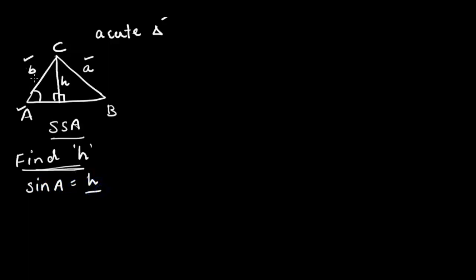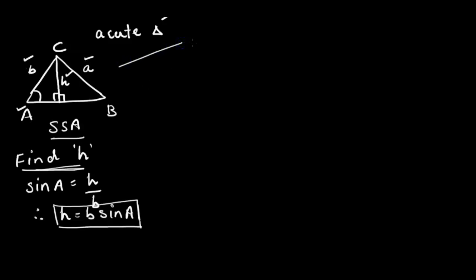Opposite is h, hypotenuse is b. The h value would be equal to b times sine of angle A. Once we get the value of h, we would now know h, apart from knowing the values of side b, side a and angle A. Now come 4 cases to consider.